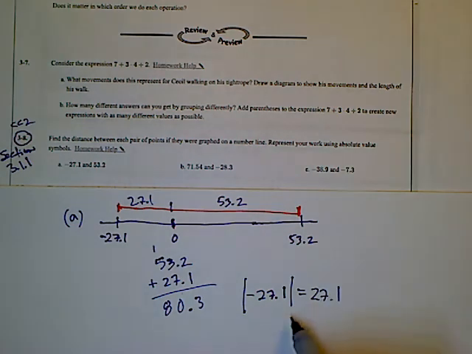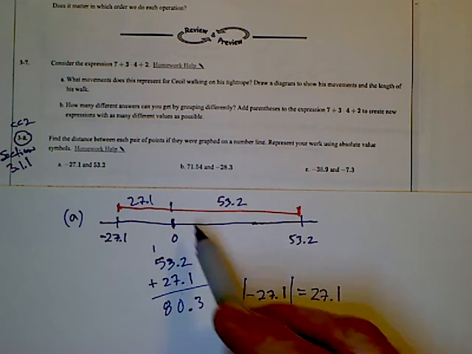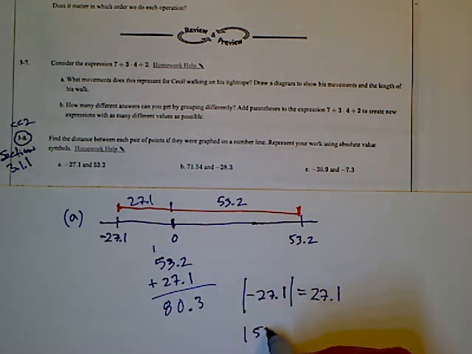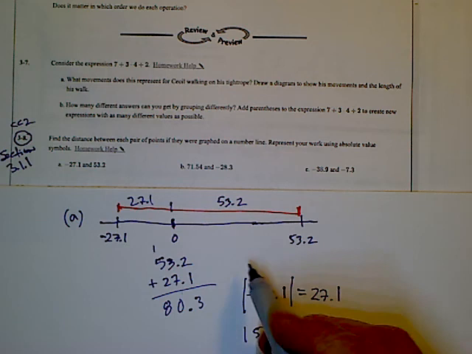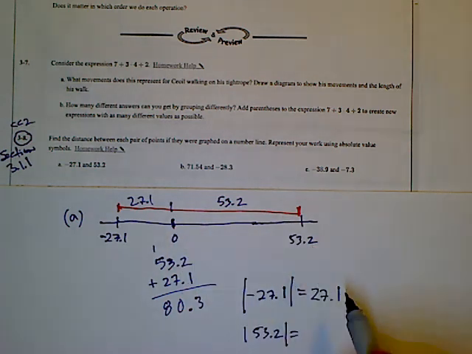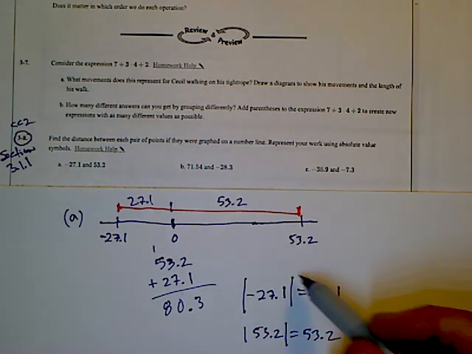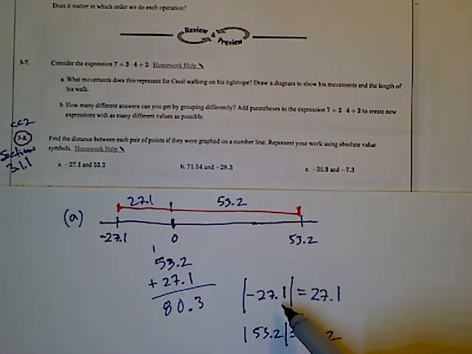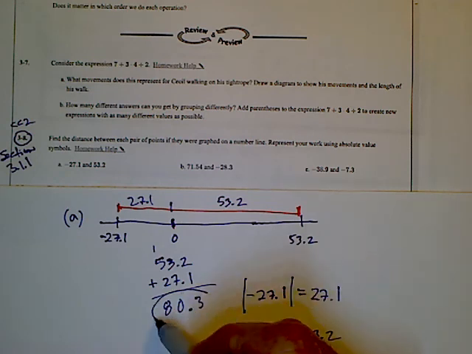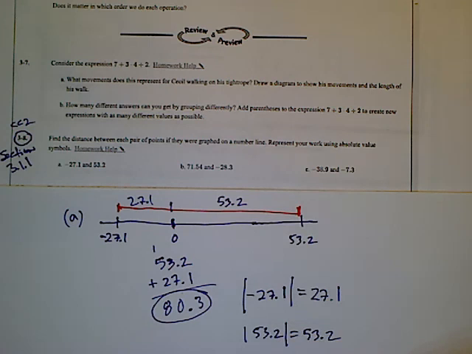And the absolute value of 53.2 is the distance between 0 and 53.2, which is 53.2. So that's using absolute value signs. We found the distance between each of these and 0, and then we add them up. And that's my final answer. So my final answer is 80.3 for that question.